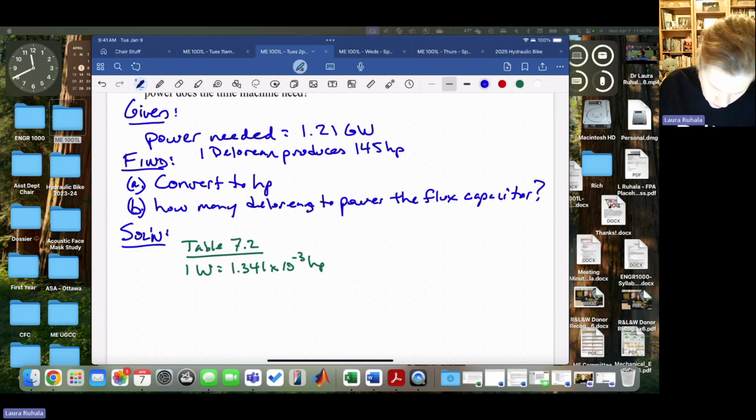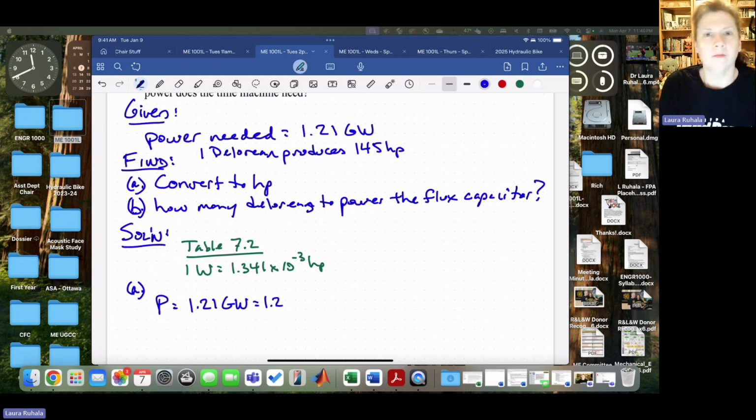Okay, so let's do this straight-on conversion. The power is equal to 1.21 gigawatts. So how many watts is that? A kilo would be 1,000, a mega is 1,000,000, a giga is 1,000,000,000.